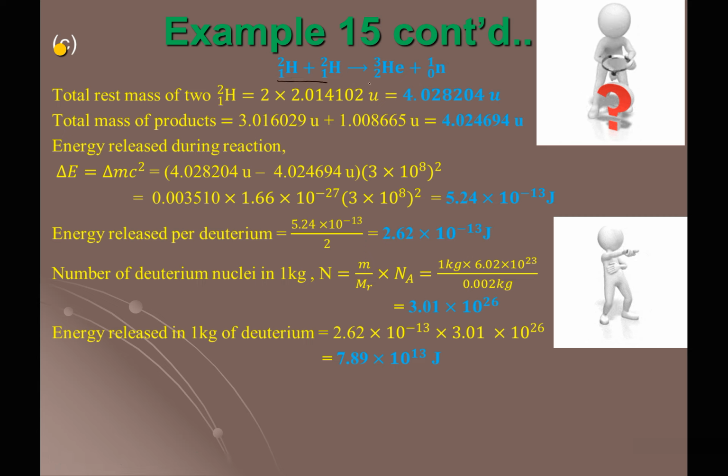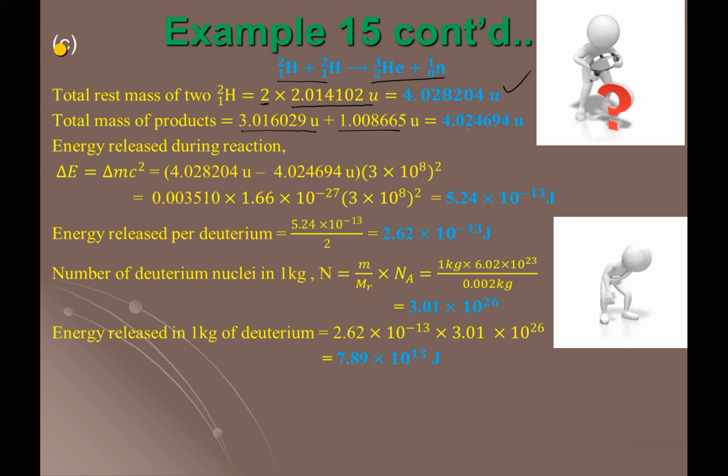From this equation here, total rest mass of the 2 deuterium nuclei, that is the total mass on the left-hand side, we sum up the masses. We have 2 deuterium nuclei, that's why I multiplied 2 times the mass of each deuterium. Then on the right-hand side, we have helium, whose mass is that, and a neutron whose mass is that. So this is the total mass on the left and on the right-hand side.